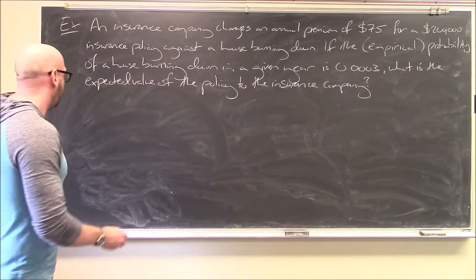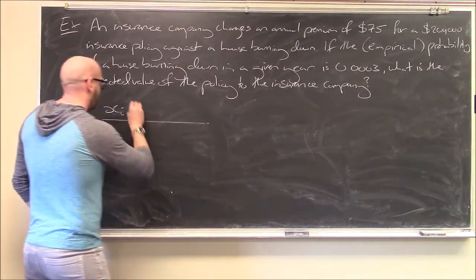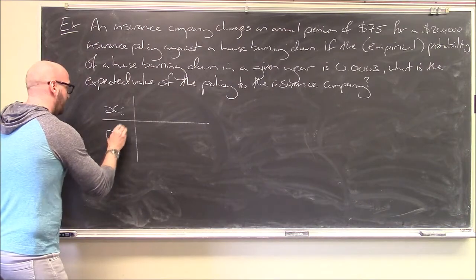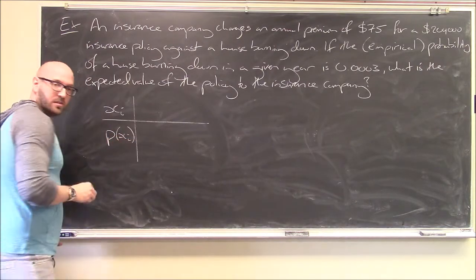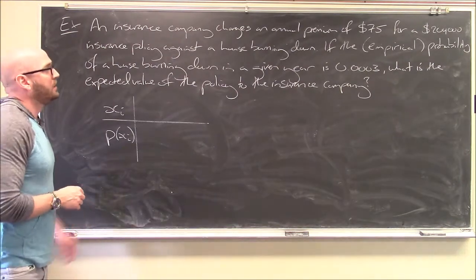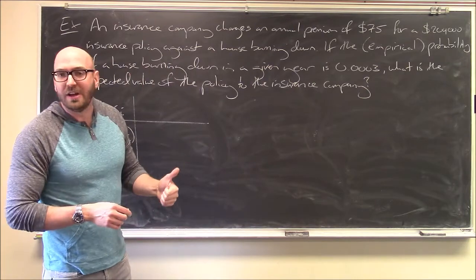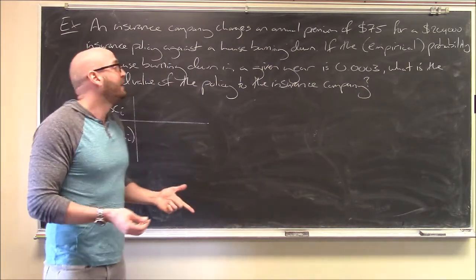All right, so how are we going to do this? Well, we're going to set up our table, as we always do, with our probability distribution. And what's my random variable going to be? Well, there's really 2 outcomes in this experiment. Either a house burns down or it doesn't.